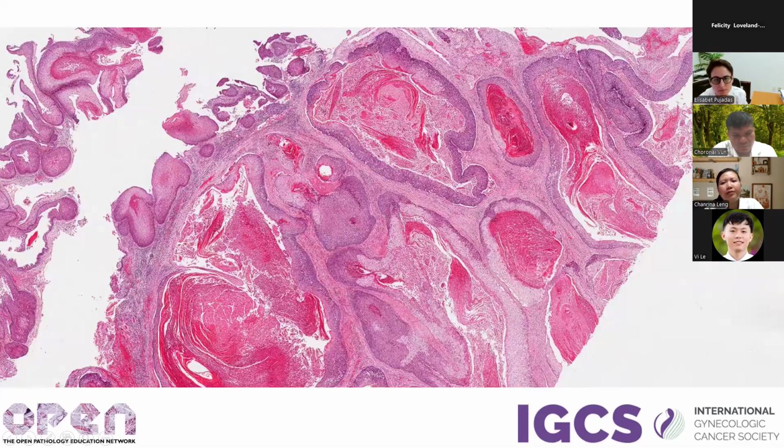On the right side, where it is so pink, we see the nest is kind of irregular, and here we cannot see the basement membrane in some places.